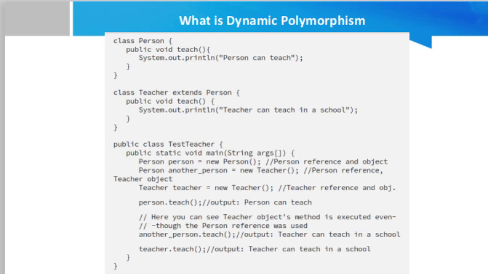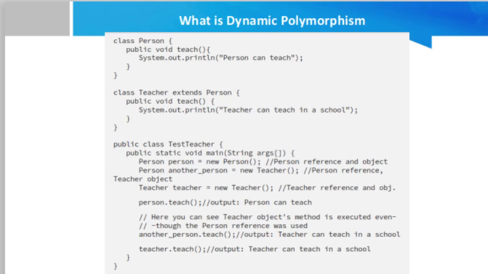So when an object is assigned to a class reference and when a method of the object is called, the method in the object class is executed, not the method of the reference class. Since the object creation is done at runtime, the form of method which should be executed, the method in the object, can only be decided at runtime.